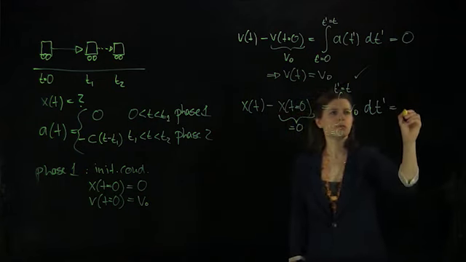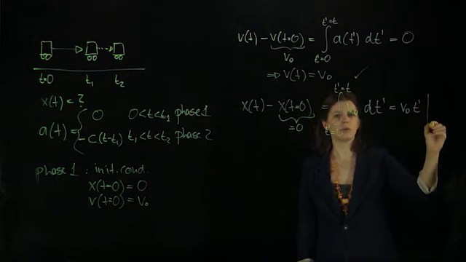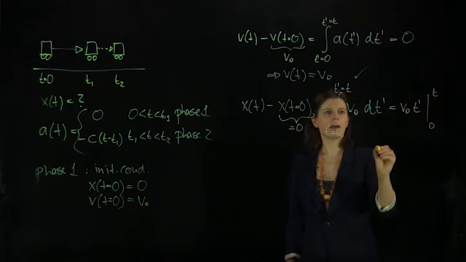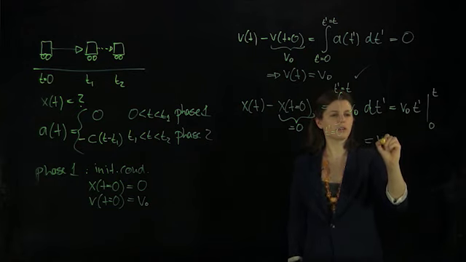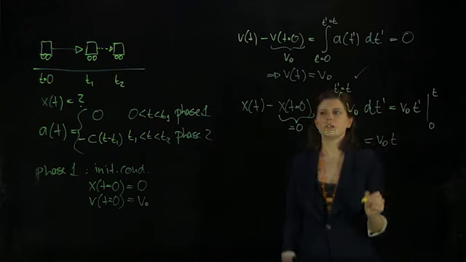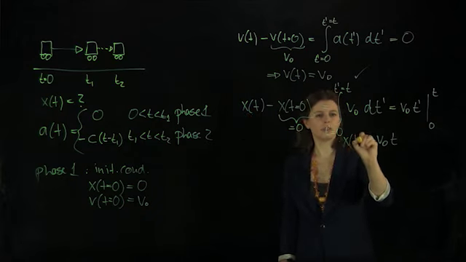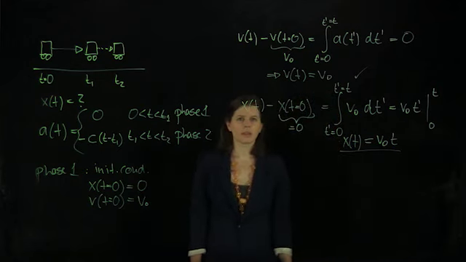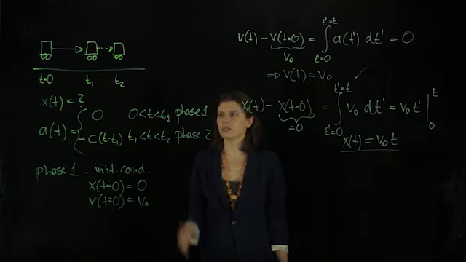And this is simply going to be v naught t prime evaluated from 0 to t. We can add that in there, and it's just going to be v naught t. So x of t equals v naught t. Okay, good. So half of the problem is solved.